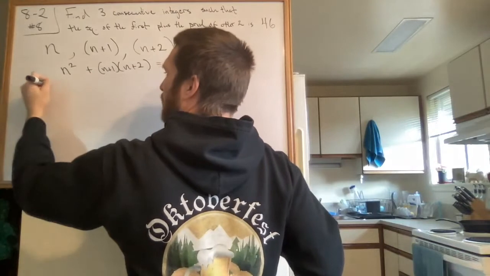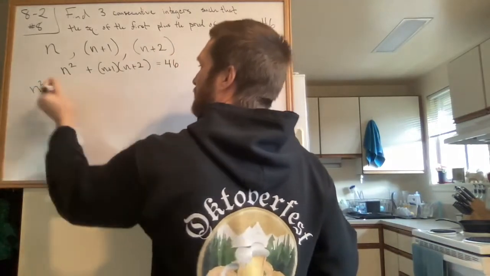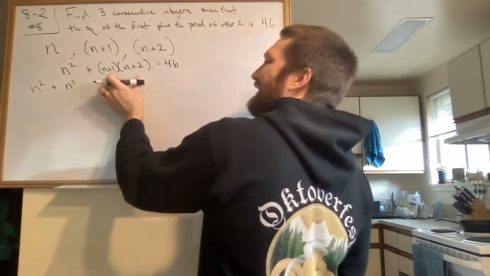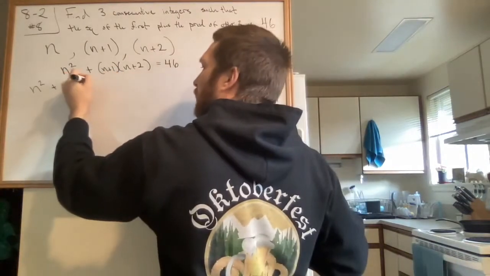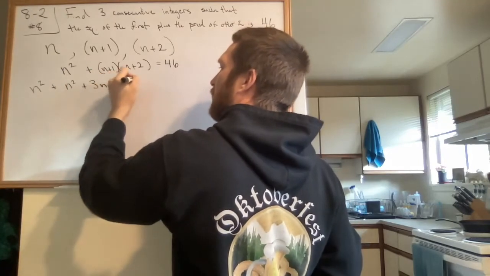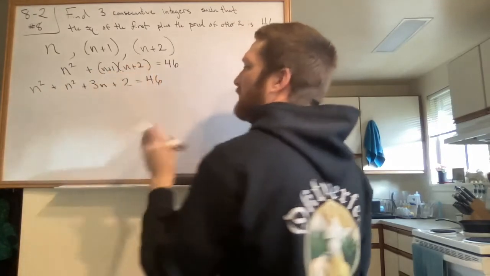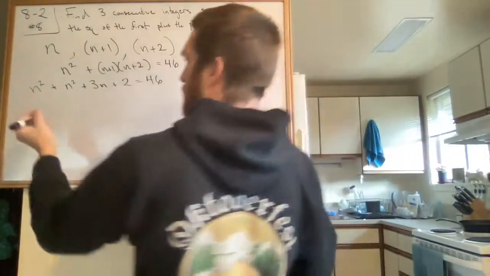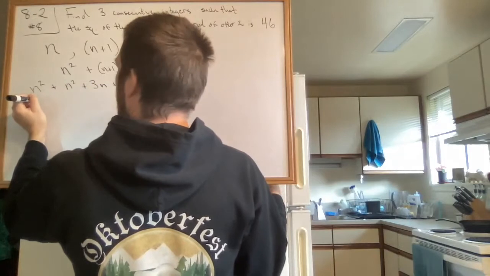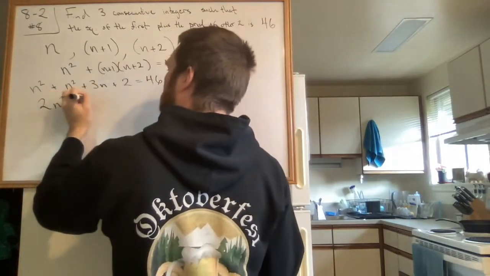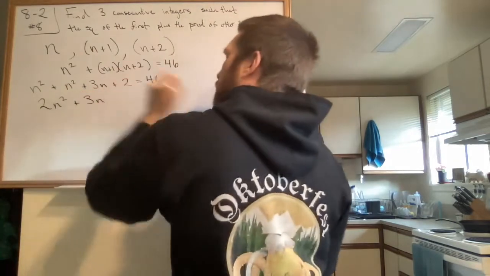This is n squared plus first, outer, and last. n squared. Outer is 2n. Inner is 1n for a total of 3n. 1 times 2 is 2, equals 46. So let's consolidate here. We have 2n squared plus 3n plus 2 equals 46.